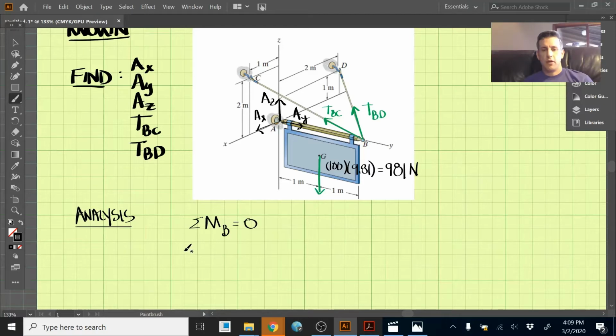The moment around B that this sign creates, we need to do R cross F. So the R vector that we're looking for would be from point B to the center of this pole here, because we could move the center of G up and it would have no influence on the moment around B.